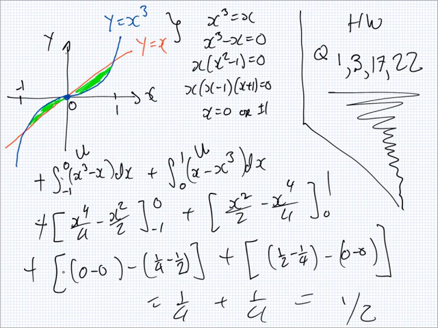So in the second one you've put in 1. So 1 squared over 2 minus 1 power 4 over 4. Yeah, so you've typed in something. Oh, here! It's in the first one. You forgot this minus.